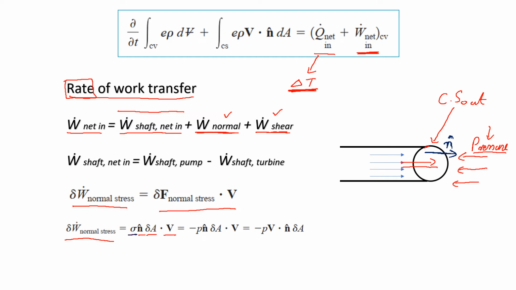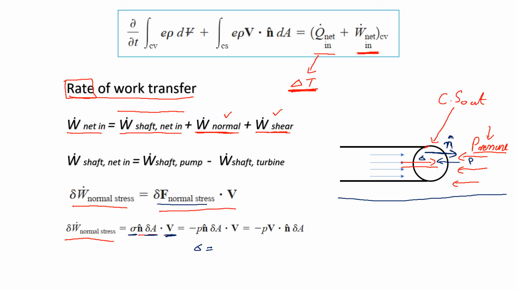This is the stress, because if stress is equal to force per unit area, then force is equal to stress into delta area. So this is how I wrote it. Dot V is the velocity. From the scenario that I have developed to explain this normal stress, you can see that the stress and pressure are both in opposite direction.